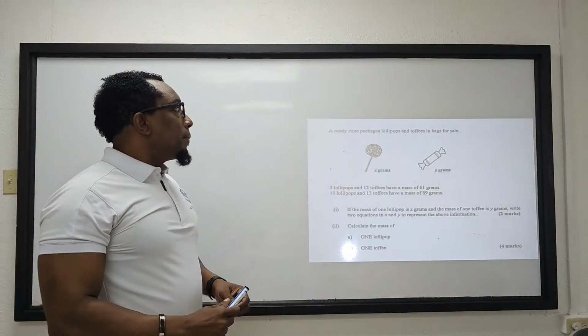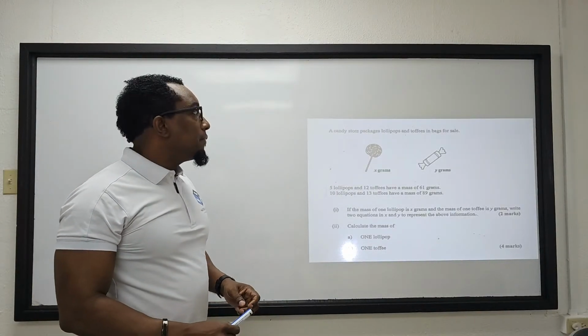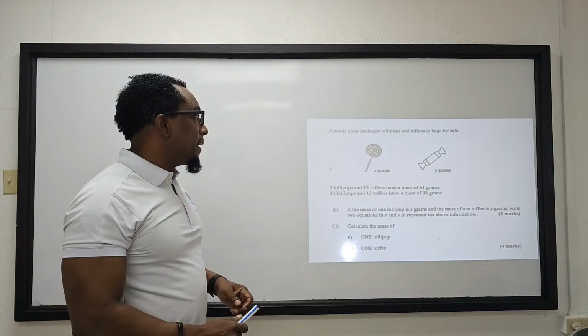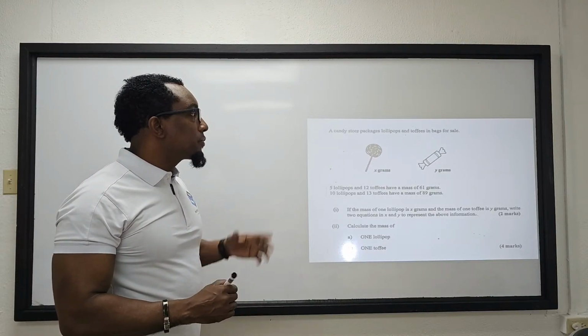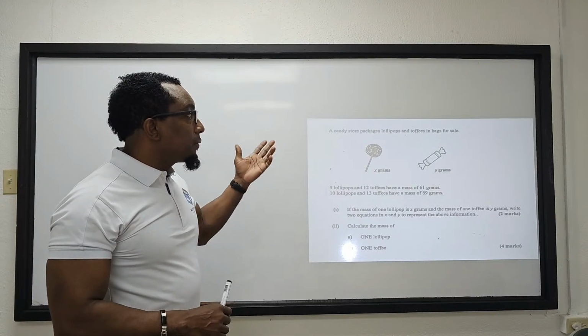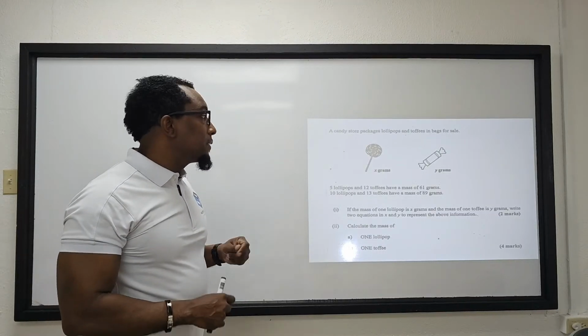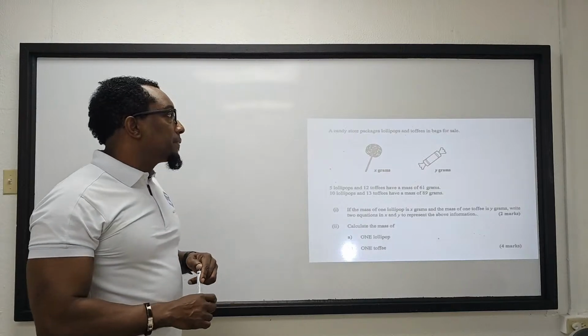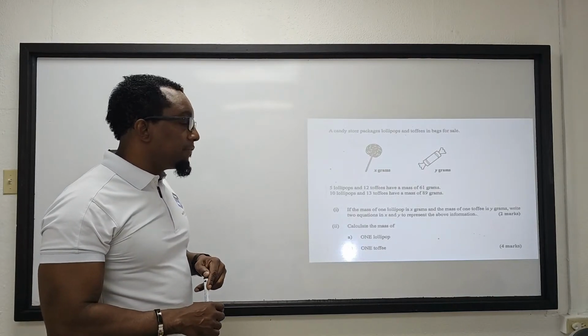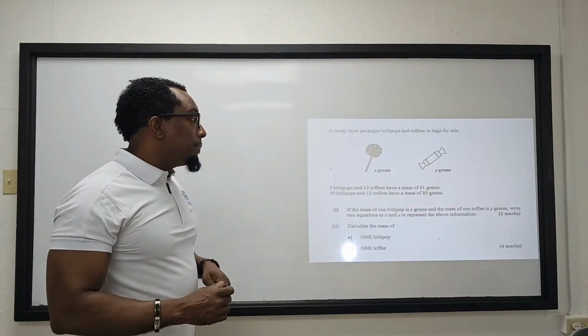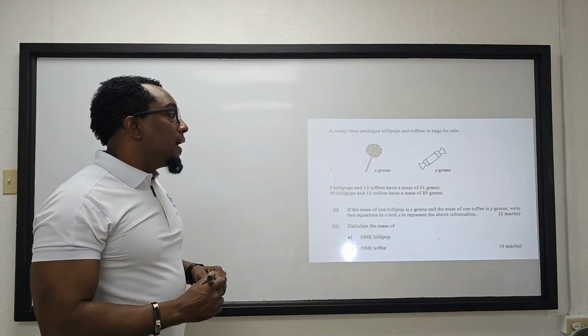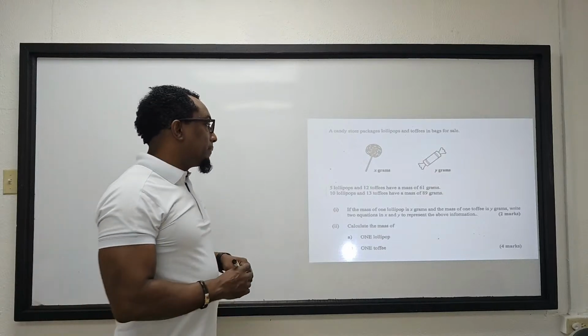So a candy store packages lollipops and toffees in a bag for sale. So you have x grams representing, I guess that would be your lollipops, and your y grams would be a toffee. So 5 lollipops and 12 toffees have a mass of 61 grams. 10 lollipops and 13 toffees have a mass of 89 grams.